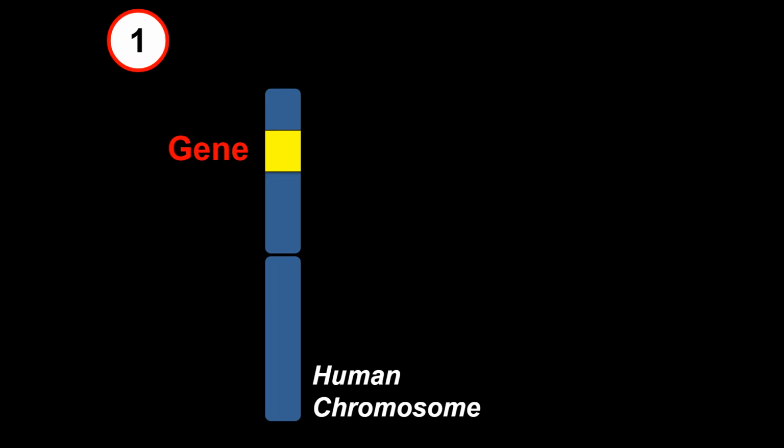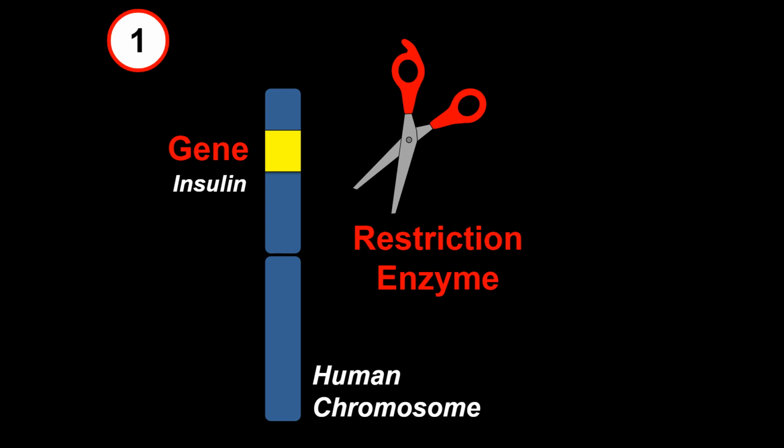So on a human chromosome, you have a gene for insulin. So you have that DNA sequence. I can use these fancy enzymes called restriction enzymes, which work kind of like scissors, to cut that particular DNA sequence out. And once I have that, then I can actually do something with it.